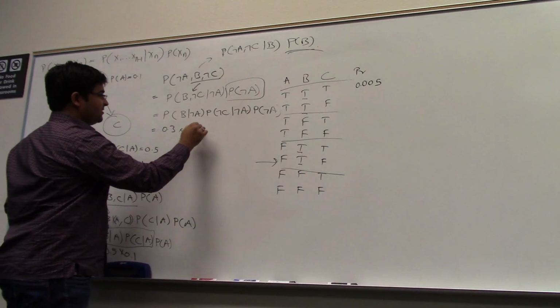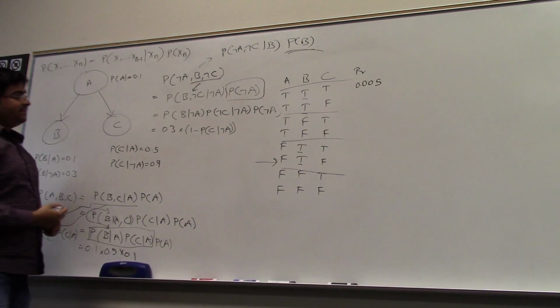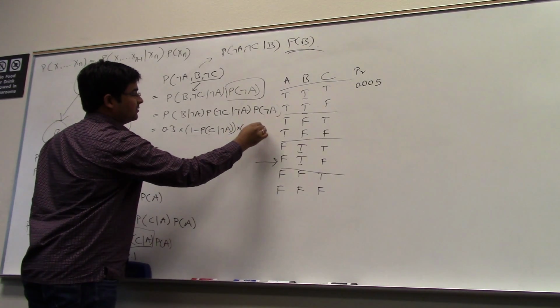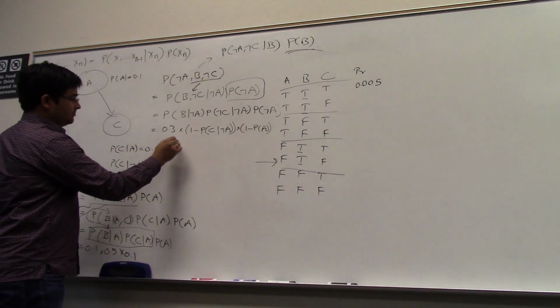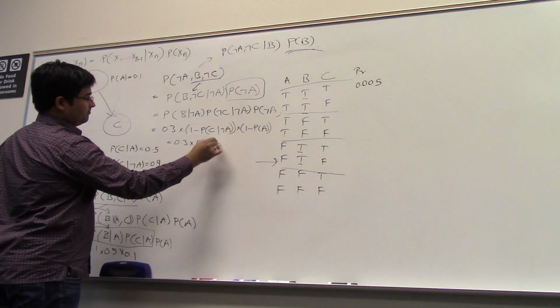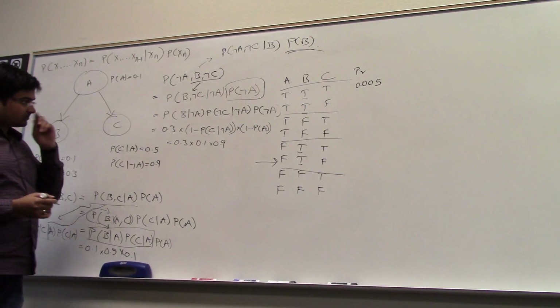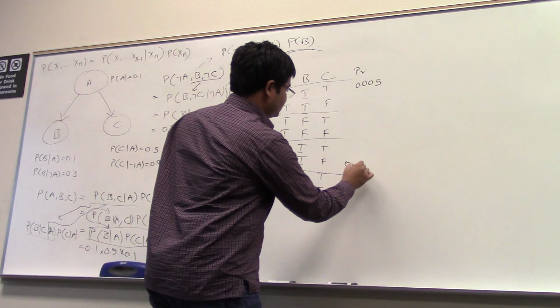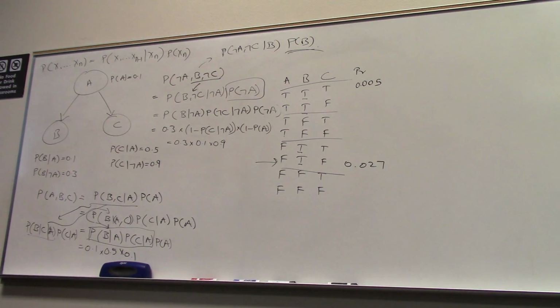It's basically 1 minus P of C given not A, right? And this is 1 minus P. Is it clear?